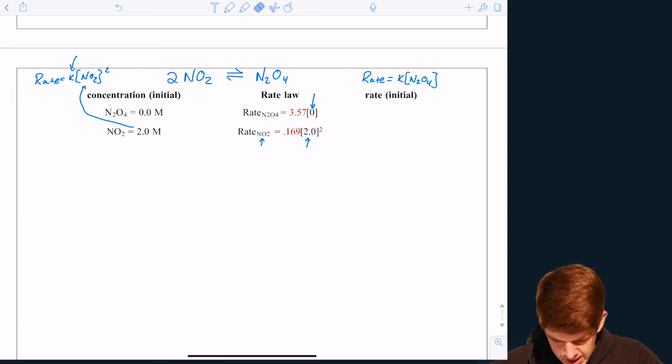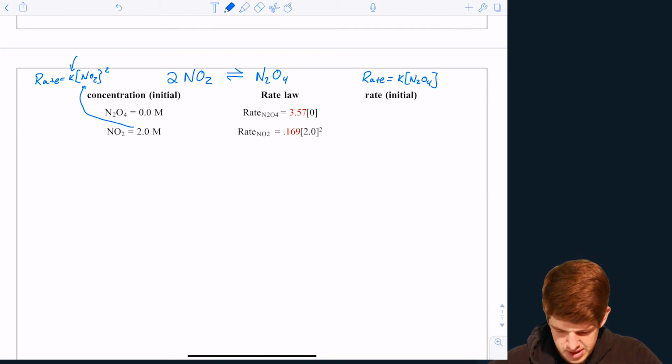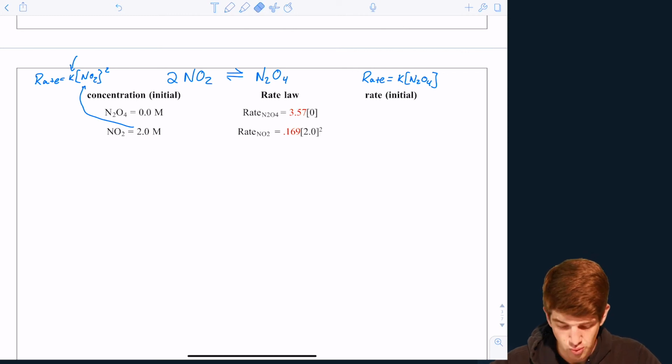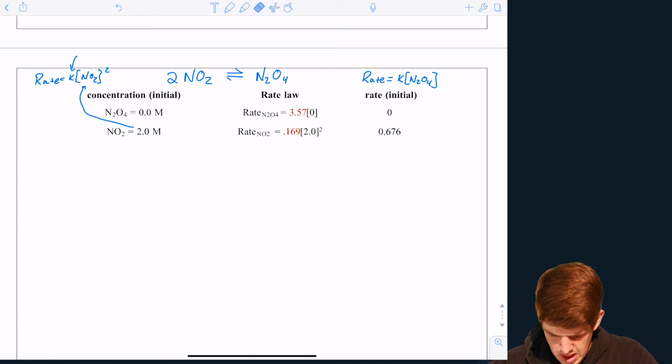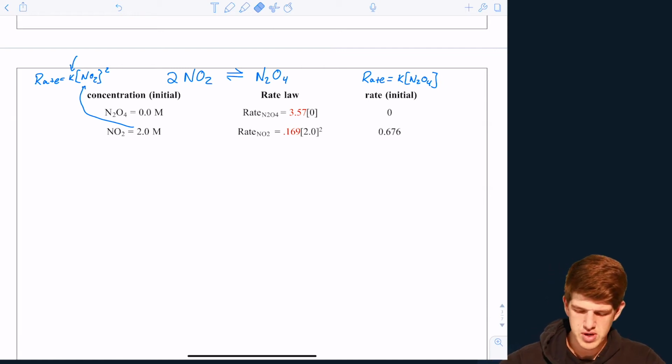Now, while the rate is going to change, that change in rate is due strictly to the change in concentration, not the rate constant. So, what is the rate right now for both of these reactions? The rate for the reaction of N2O4 is going to be 0.